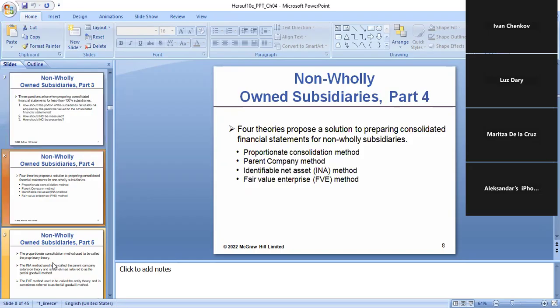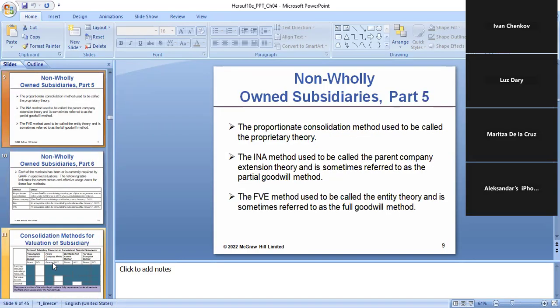So let's go one after another in order to answer this question. There are 4 theories here. One is the proportional consolidation method. Second is the parent company method. Third is the identifiable net assets method, and fourth is the fair value enterprise method. Don't get scared. There are 4 methods, but there's simplicity here.